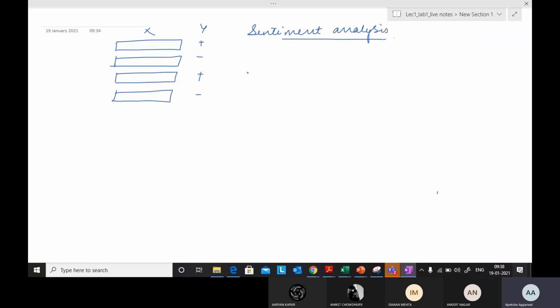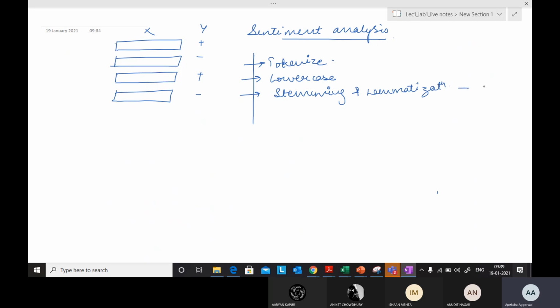We know that there are several steps that we need to follow. First of all, we need to tokenize it, right? Then we need to change the case of all the words in the sentence to lowercase. Then we need to do stemming and lemmatization.